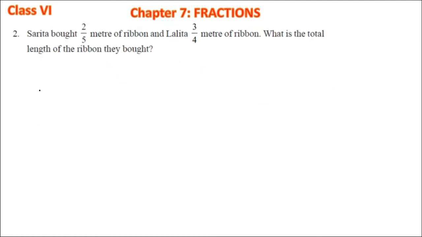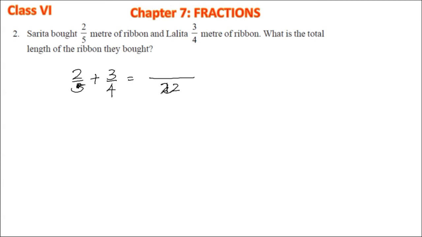Question number 2. Sarita bought 2 by 5 meter of ribbon and Lalita bought 3 by 4 meter of ribbon. What is the total length of ribbon they bought together? So the total length of the ribbon bought by Sarita and Lalita together is 2 by 3 should be added to 3 by 4. The LCM is 12. So I have made a mistake here. This is 2 by 5. LCM will not be 12.